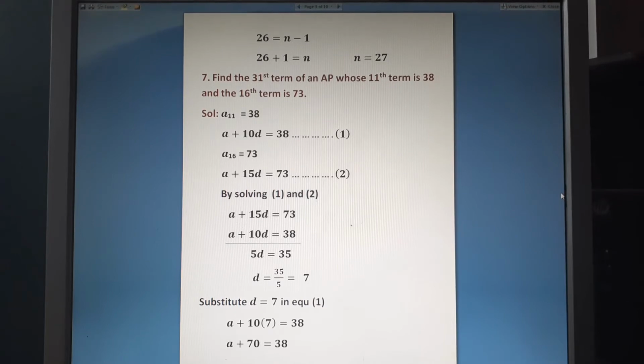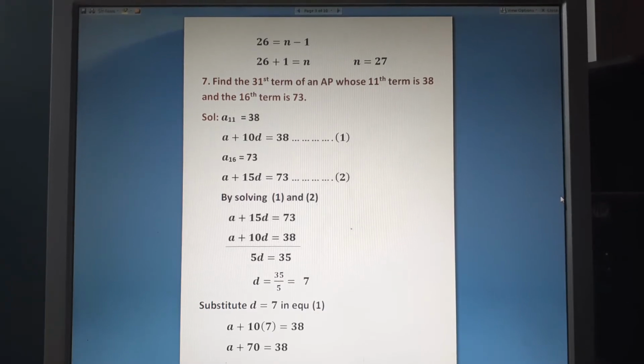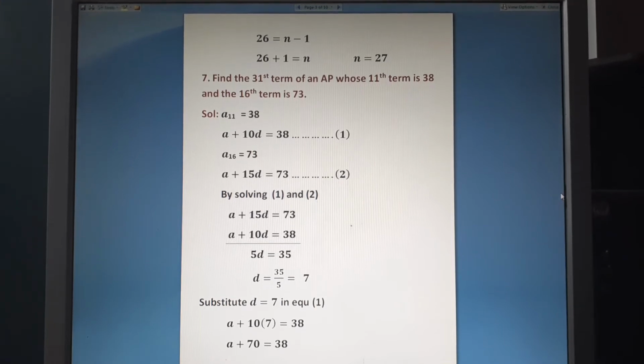Taking minus 1 to the left hand side, we get 26 plus 1 is equal to n. Now n is equal to 27. Therefore, the number of terms in the given AP is 27.